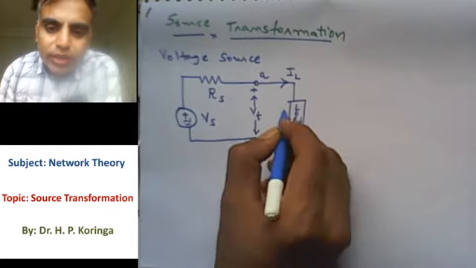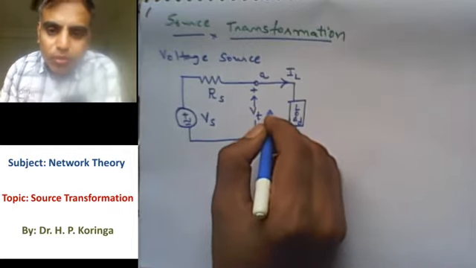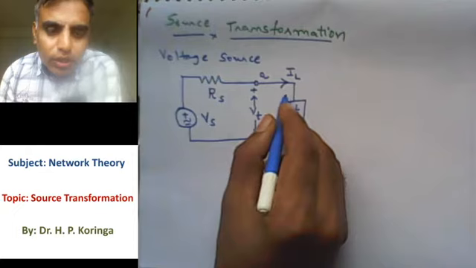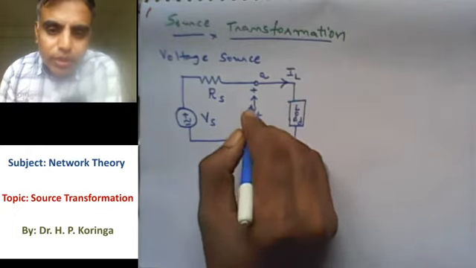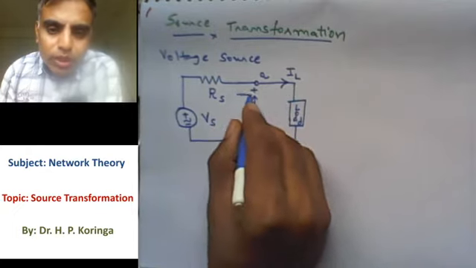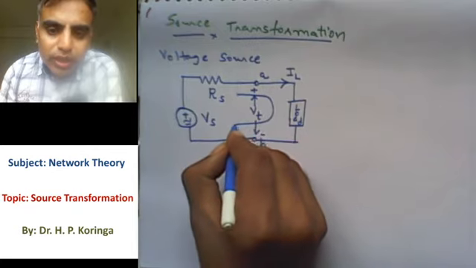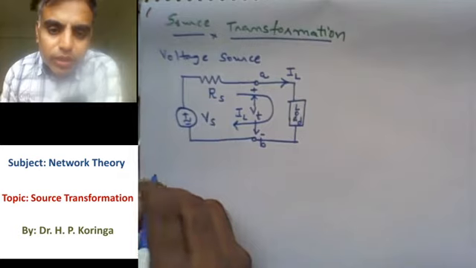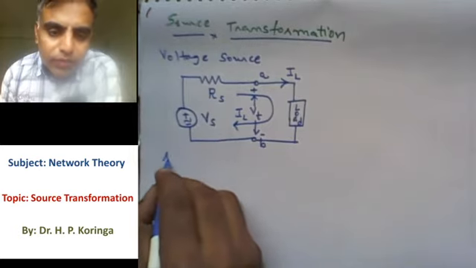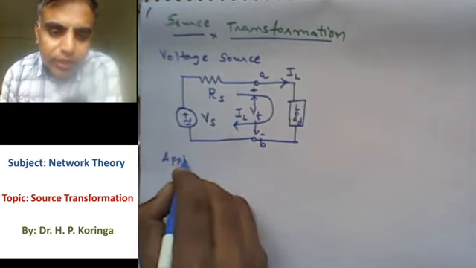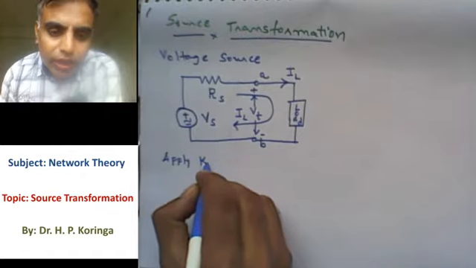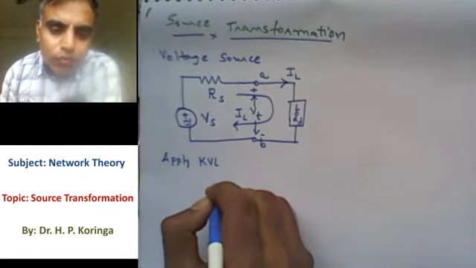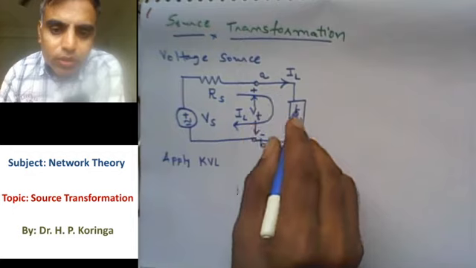Suppose the load current is IL. Let's find the terminal voltage available and the load current we will get. The current in the series path is the same, so it will be the load current. Let me apply Kirchhoff's voltage law in the above closed loop.